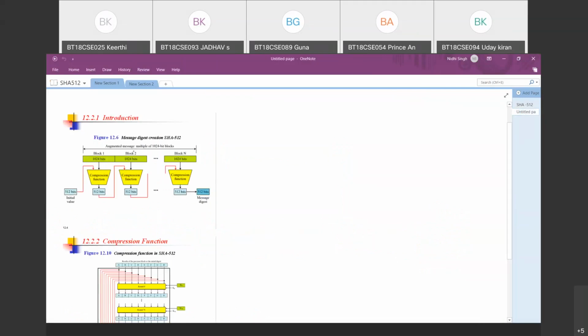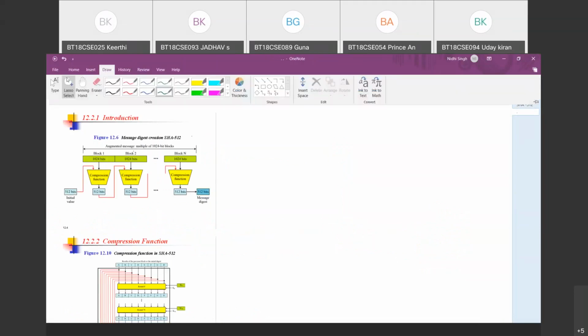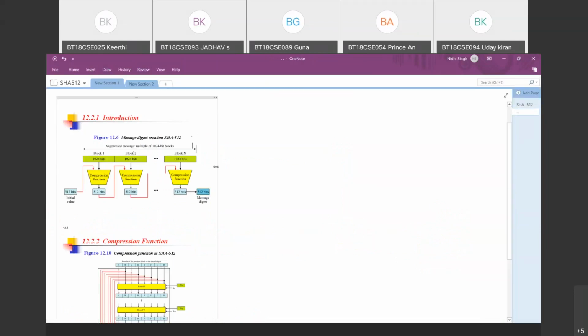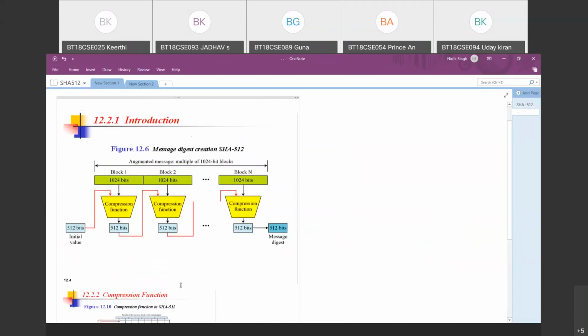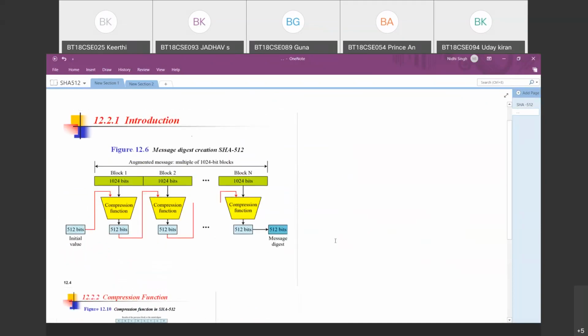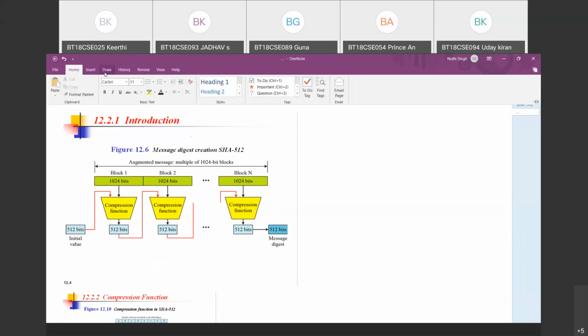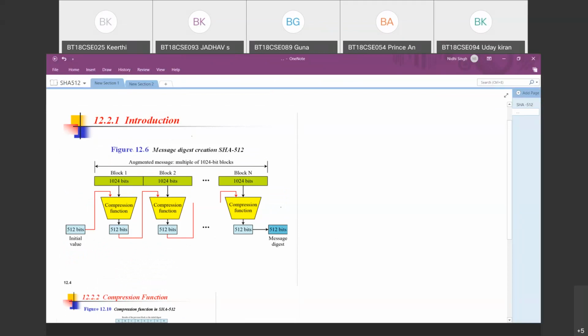Now just see the neat and clean diagram. In this diagram, the same thing that I have already told you: each block has 1024 bits. Your initial value, called the initialization vector, is 512 bits, and it acts as an input for the compression function.